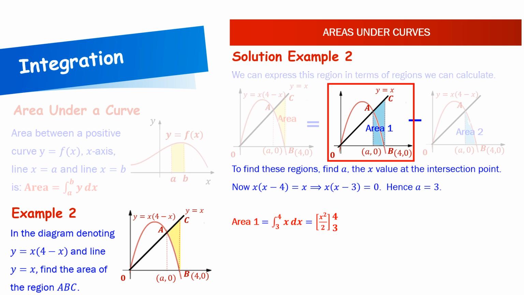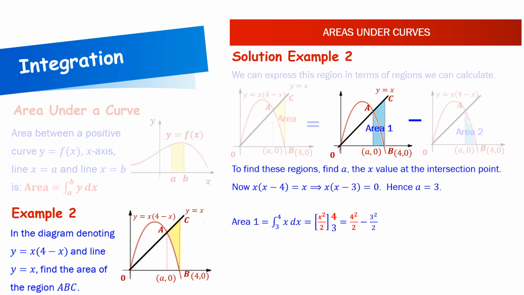So area 1 equals the integral from 3 to 4 of x dx. And the integral of x is x squared over 2. And plugging in the limits 3 and 4 gives us 4 squared over 2 minus 3 squared over 2.